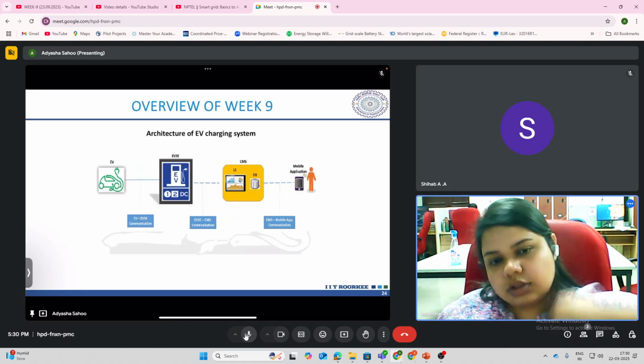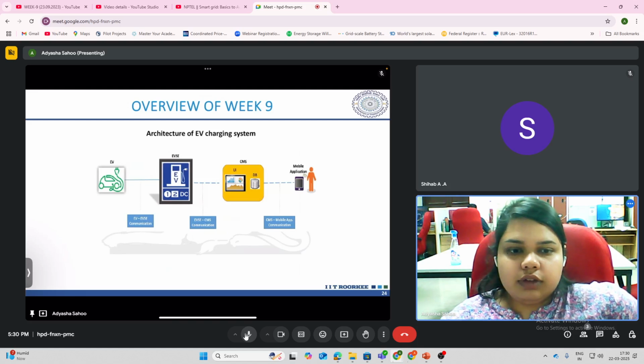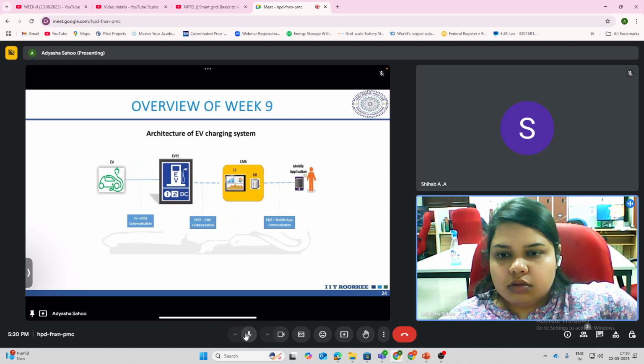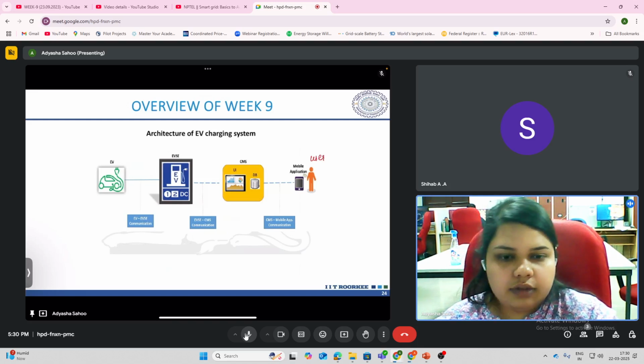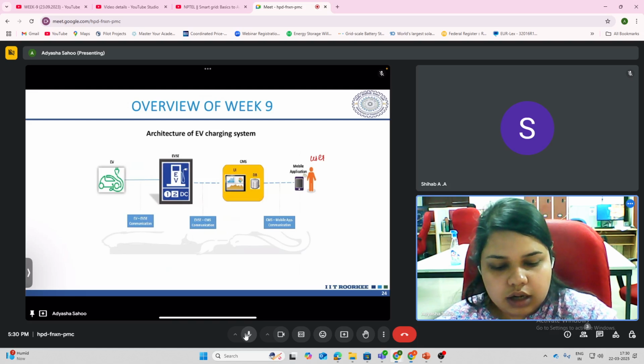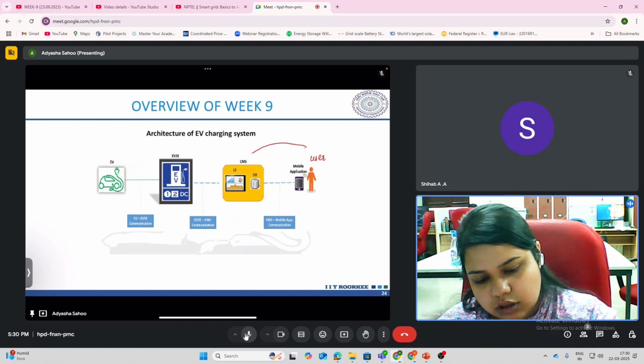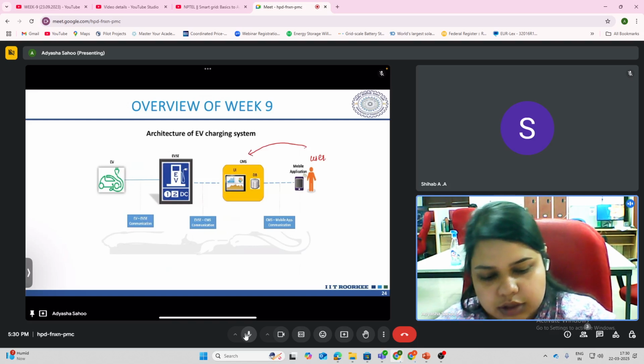Now, you see how is the architecture of an EV charging system. Here, basically, the user has a mobile application, and using that mobile application, gives information to the charging management system.